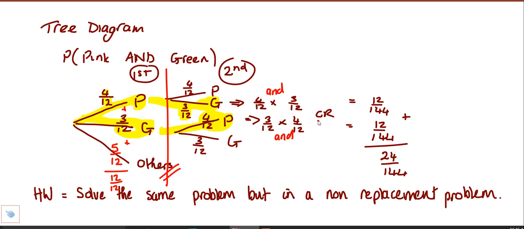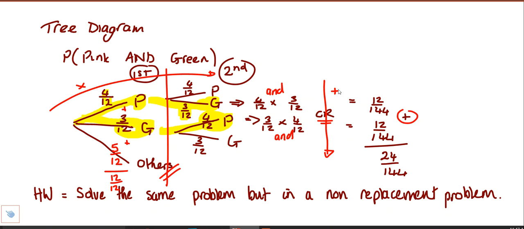But of course I can consider either of those, so one or the other. "Or" means adding. So I multiplied to go along the tree. When I want to consider all of those, I add them together when I've got more than one option.